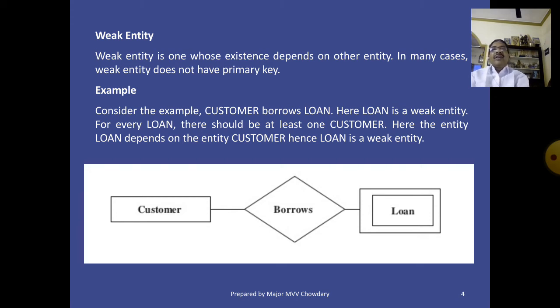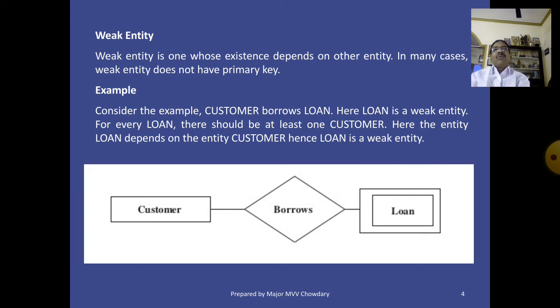A weak entity type should always combine with a weak relationship set for a relation.